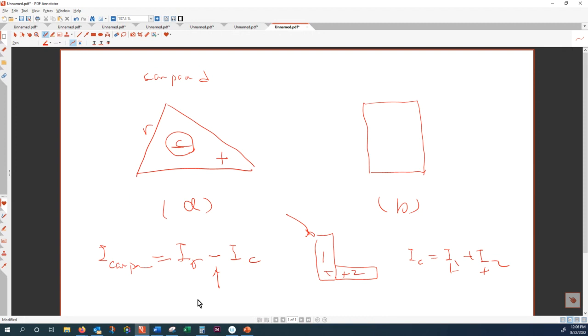If you ask why we can add the values together, the justification is moment of inertia. Is this a vector value or a scalar value?